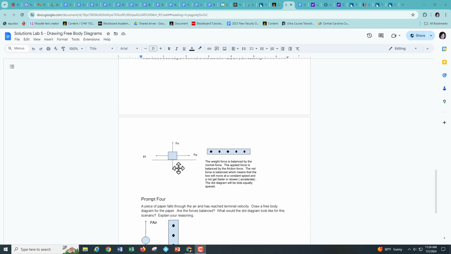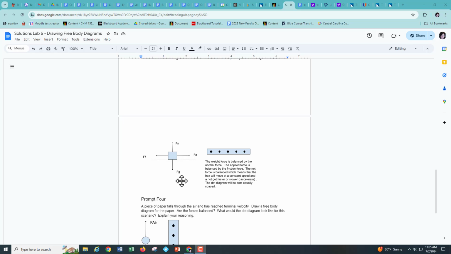That means that there's a force pushing it to the right of 30 newtons and a force acting against it to the left, friction, of 30 newtons. Notice that in this diagram, all the arrows are the same size. They are balanced, which means that this is in equilibrium. So even though it's moving, all the forces are balanced, which means that there is no acceleration. It will be traveling at a constant speed.